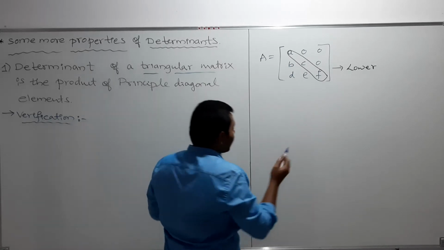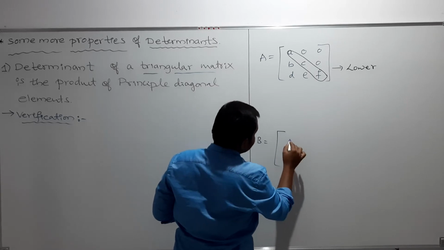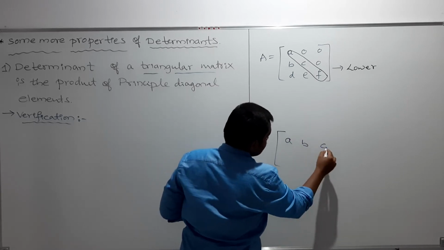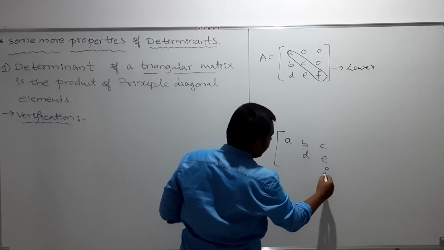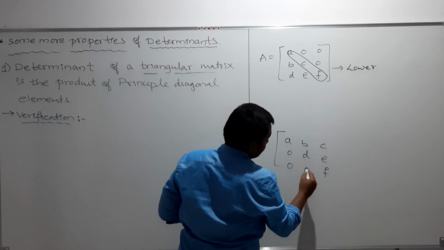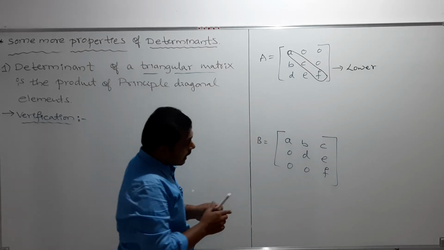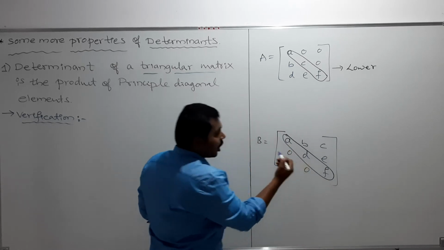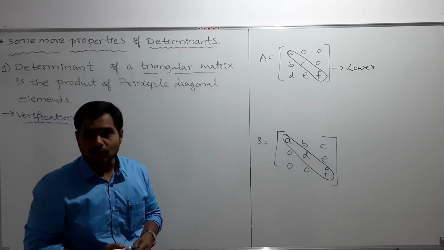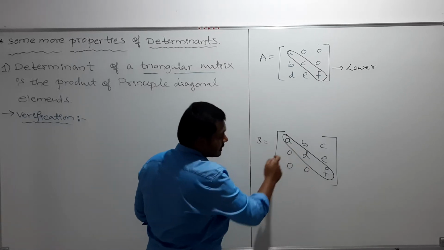I will take another example. Here B is equal to A, B, C; D, E, F; 0, 0, 0. Here you can observe that below the principal diagonal all elements are 0.